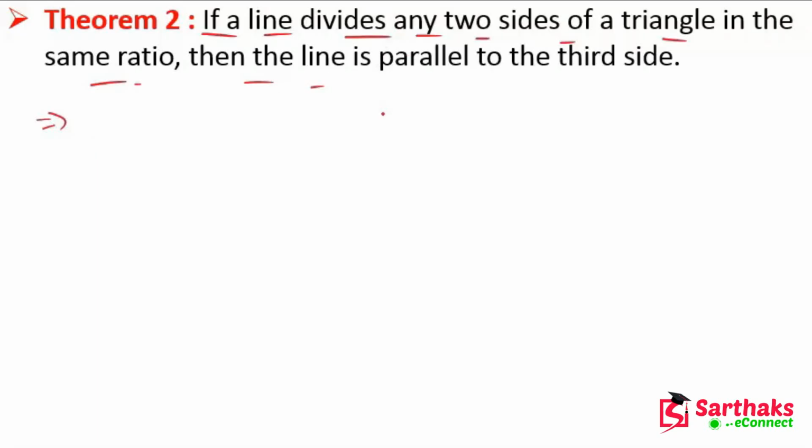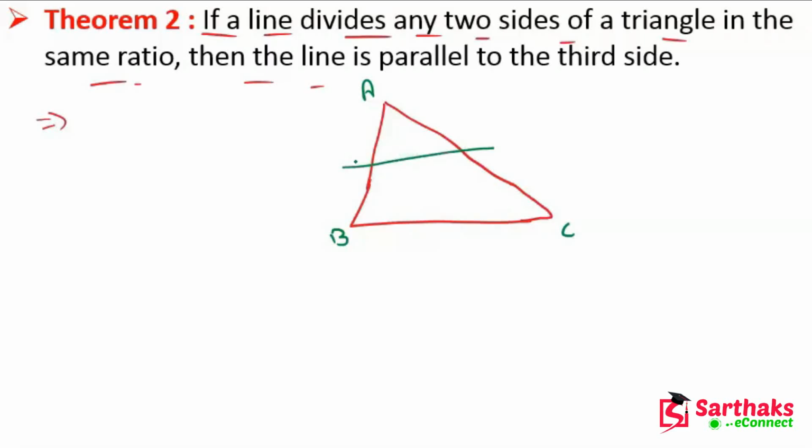It is saying that if we have a triangle like this, with points A, B, C, and a line divides any two sides of the triangle in the same ratio, let's suppose this is a line DE.